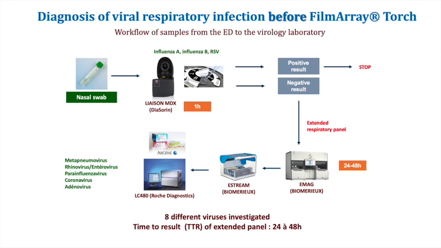It takes around 1 hour. In case of a positive result, they stop further investigation. But in case of a negative result, they perform an extended respiratory panel, which took 24 to 48 hours. 8 different viruses were investigated. We had a time to result of this extended panel between 1 to 2 days.